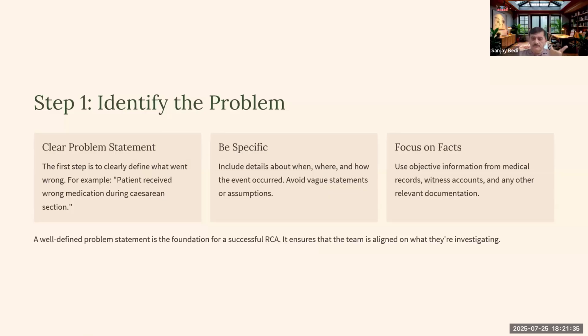If you give the details, then it will give a better response. Focus on facts. Use objective information from medical records, witness accounts, and any other relevant documentation. A well-defined problem statement is the foundation of successful root cause analysis. It ensures that the team is aligned on what they are investigating.